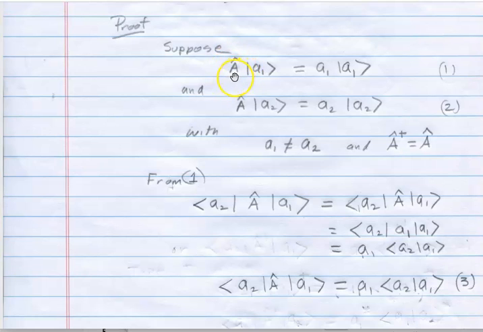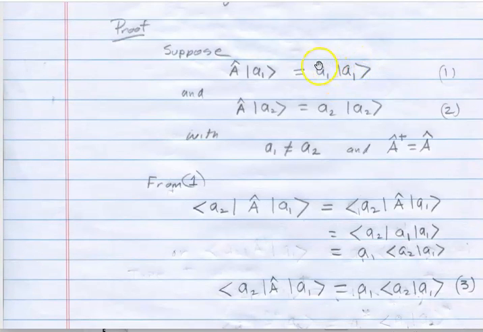I operate with A onto an eigenstate, A1, and that gives me the state back again with its eigenvalue, the number multiplying. And I do the same thing on a different eigenstate, A2, that's associated with the eigenvalue A2. And we write it in this form.